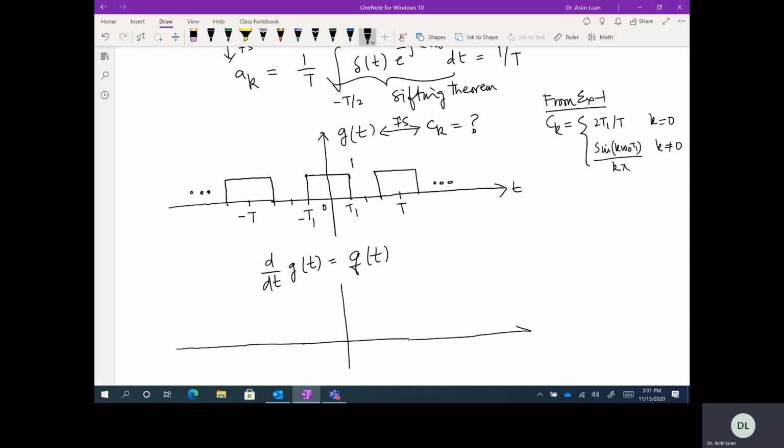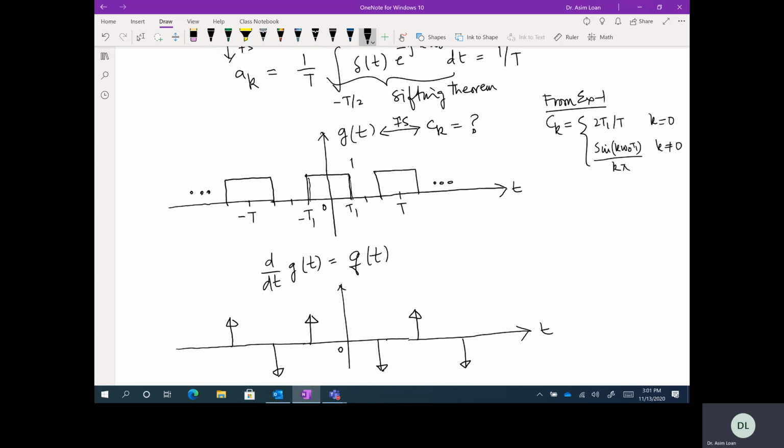The impulse goes up at one edge and down at the other. So I have an impulse going up here, going down here, and so on and so forth.